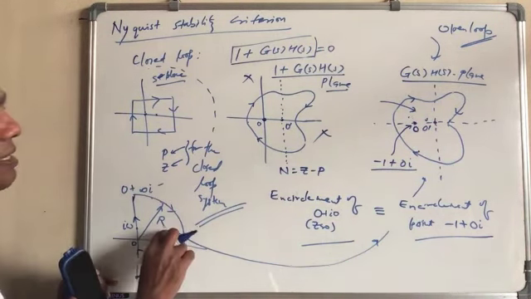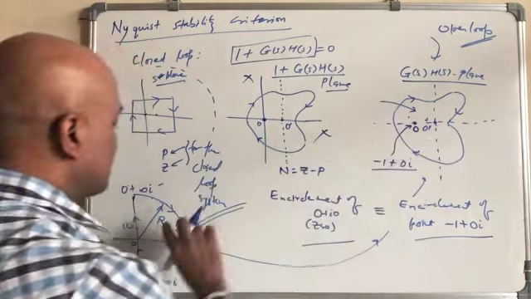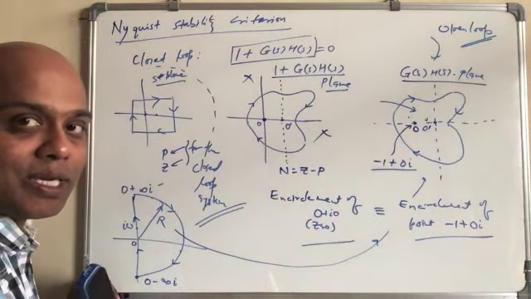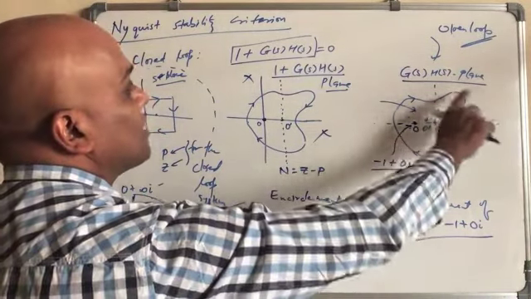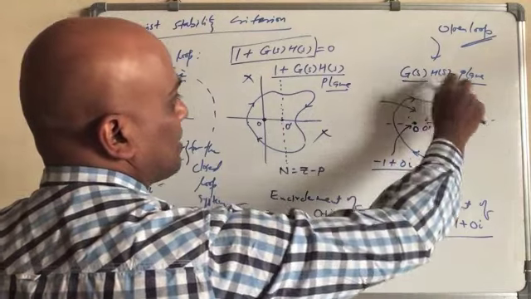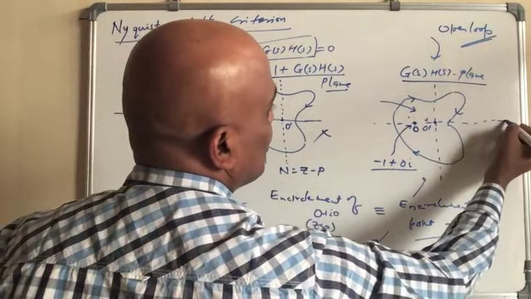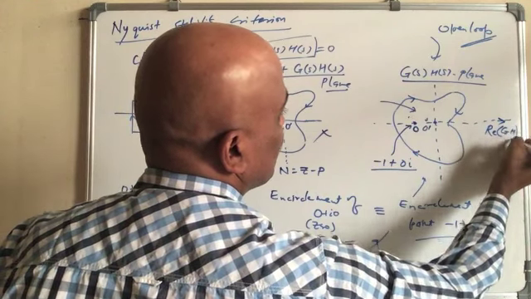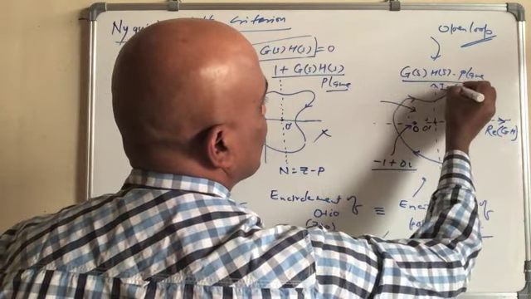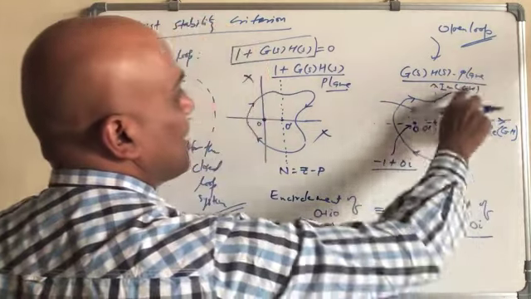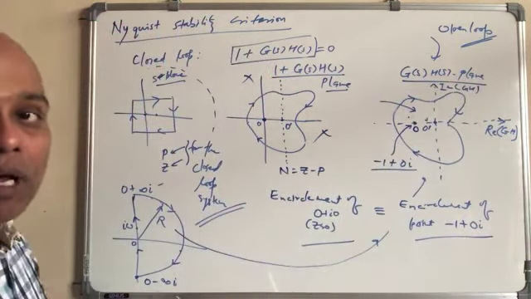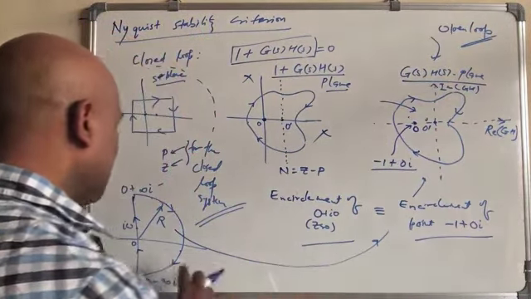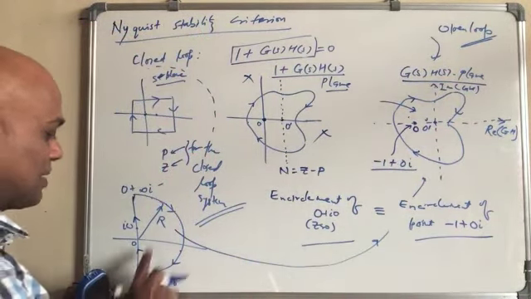And then what we do, we go here and just map it here without knowing whether there is a pole or not. We don't care. We just map it. What you plot is real of GH here and imaginary of GH here. That's it. And you plot it like the polar plot, or Nyquist plot, right? We said Nyquist plot, for some reason.